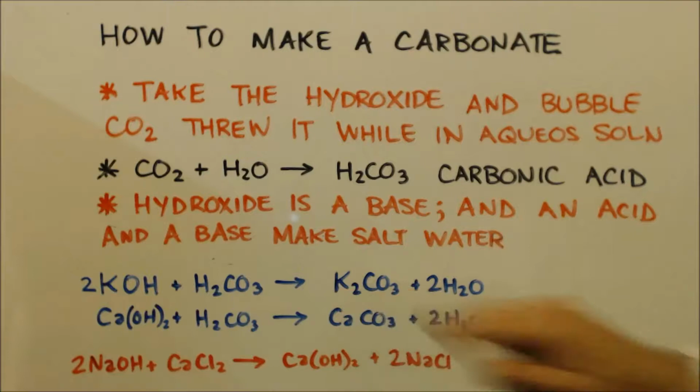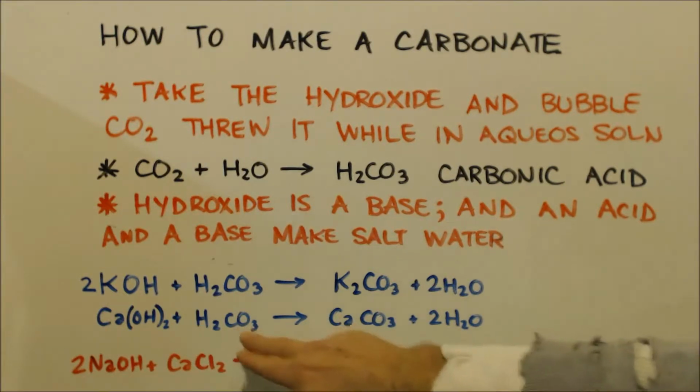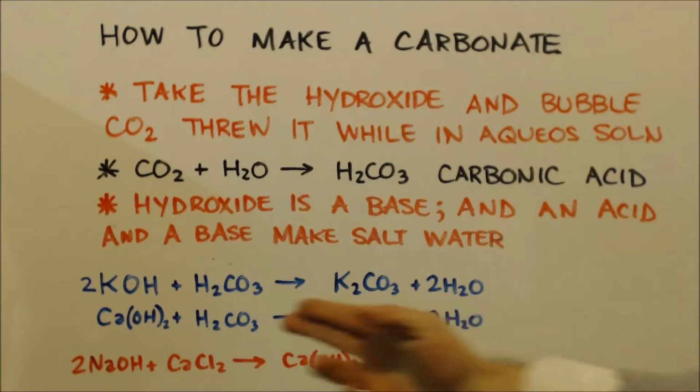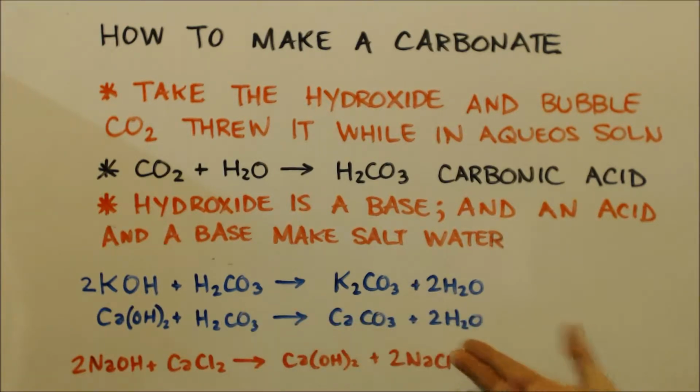It would be potassium carbonate. If I had calcium hydroxide, I put it in water, I bubble CO2 through it to make my carbonic acid. It reacts, makes calcium carbonate and water.